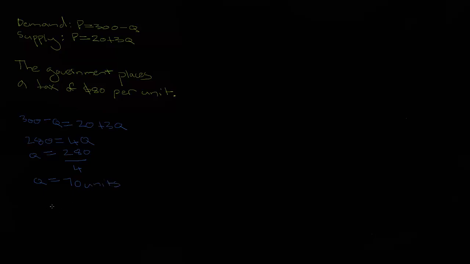Now we know that the quantity is equal to 70 units, so now we want to work out the price. So we can sub this value of 70 units back into either the demand equation or the supply equation. We'll get the same answer. So let's go with the demand equation, and we know that's 300 minus Q, which is price.